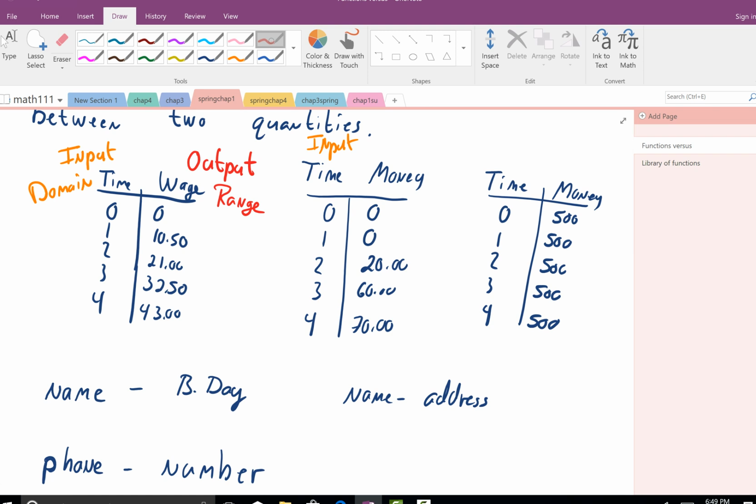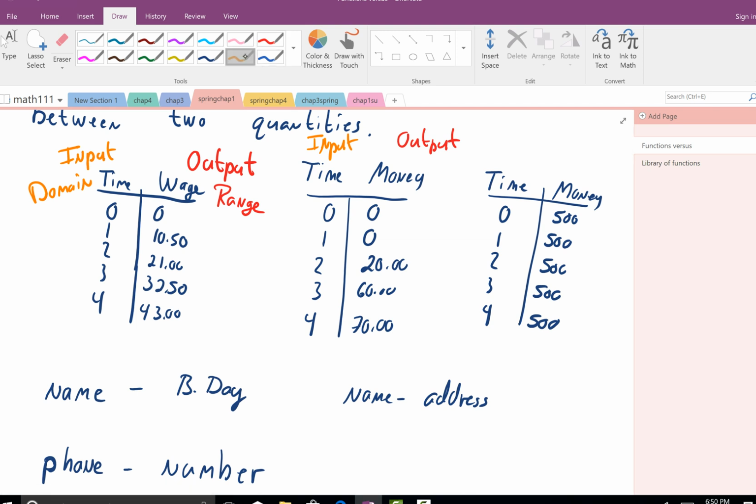Here's your output, the money you're going to get. We want to see if this is a function or not. So we have 0 to 0, 1 to 0, 2 to 20, 3 to 60, 4 to 70. Yep, that's good because each element in that input, which is the domain, has only one in the range.